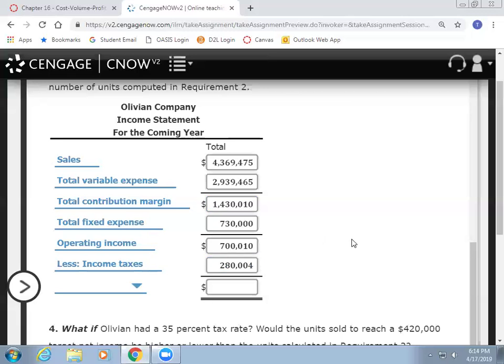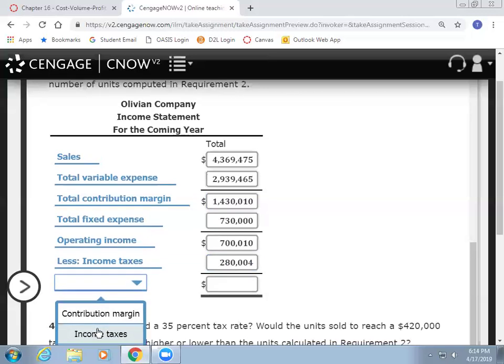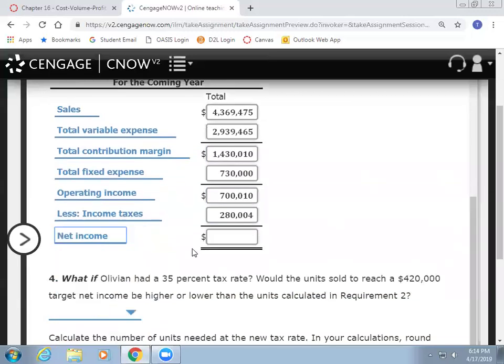So then our net income, operating income less those income taxes, would be $420,006. So again, $6 more than our target income due to the rounding of the units.